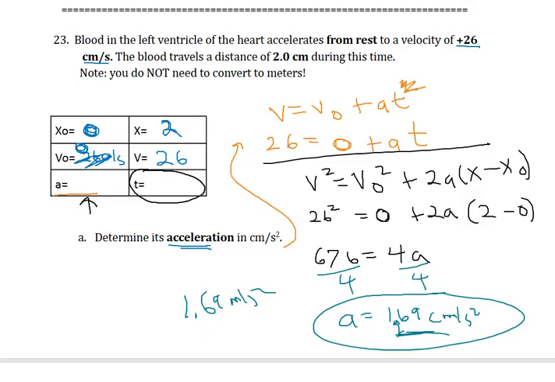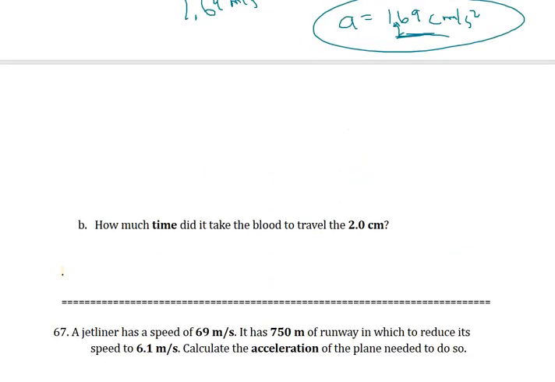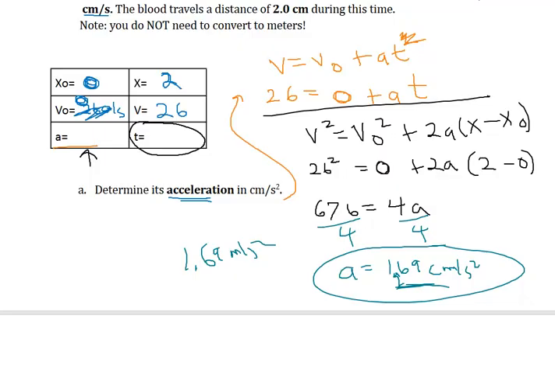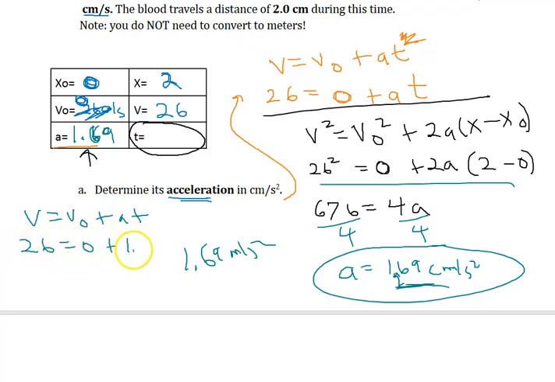All right, I'll stop geeking out because there is a part B. How much time did that take? So now that we know A, you have all kinds of options. You couldn't use don't care about time. So again, let's use the velocity function because that's always easier than the position function. So 26 equals 0 plus 1.69 t.